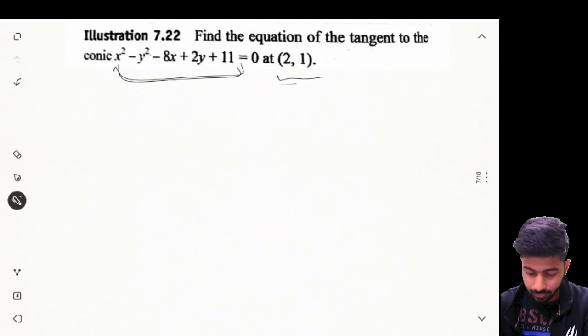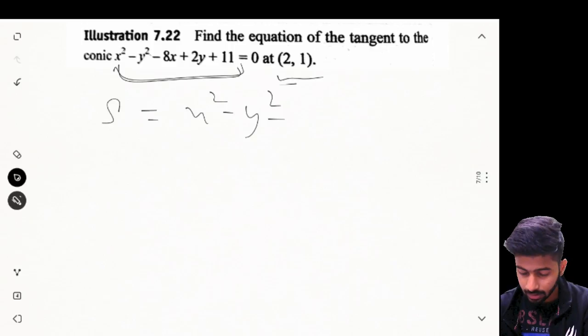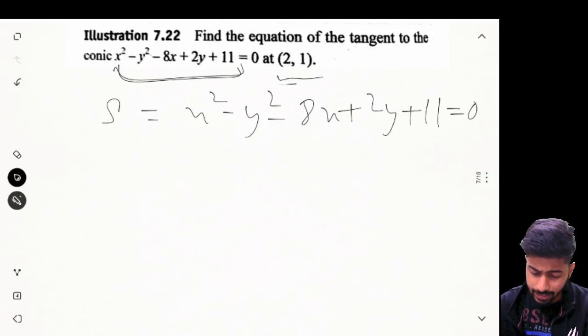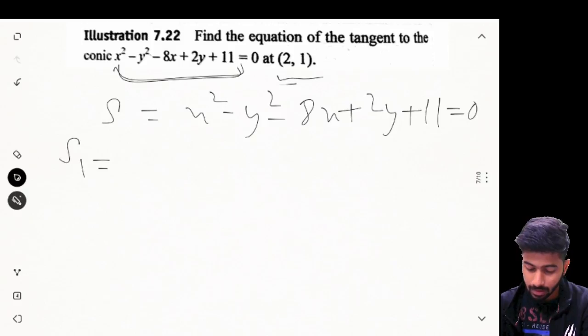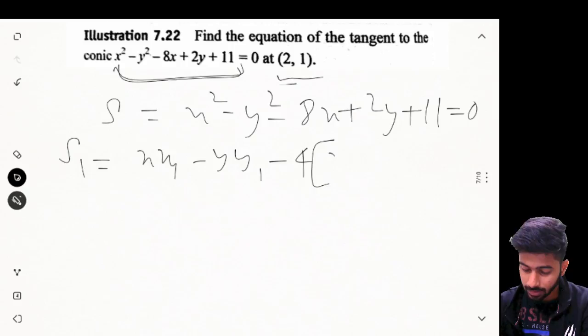So this is my curve, that's x square minus y square minus 8x plus 2y plus 11 is equals to 0. First I'll get S1 for this. So what I have is x x1 minus y y1 minus 4 into x plus x1. So this is slightly tricky here.